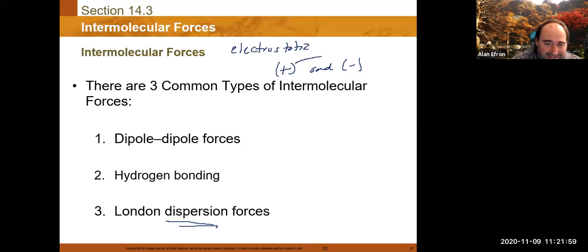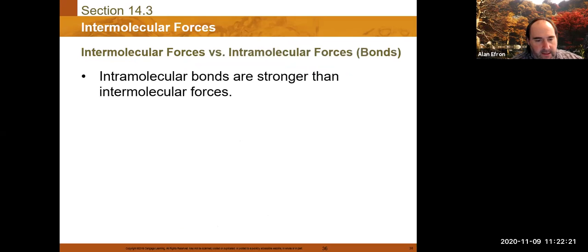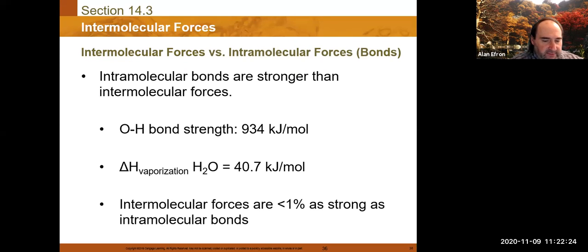Ultimately, this is the attractive force in intermolecular forces: a positive side that's attracted to a negative side, which gives them a way to interact with each other. And no matter which of these 3 it is, that is ultimately the type of attraction. And again, to reiterate what we talked about before, intramolecular forces are always stronger than intermolecular forces.